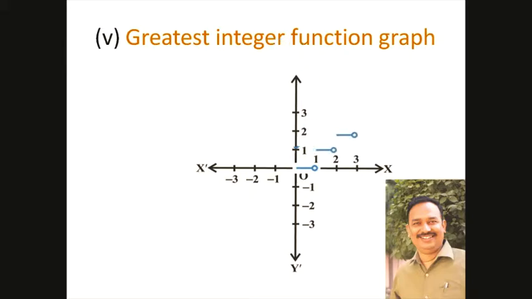And similarly, 3 to 4, it gives 3. Now let us move to the negative part of it. -1 to 0. Obviously, it will give -1 because it is the lesser integer. Similarly, in between -2 to -1, it gives -2. And for the next part, in between -3 to -2, it gives -3, a negative value.